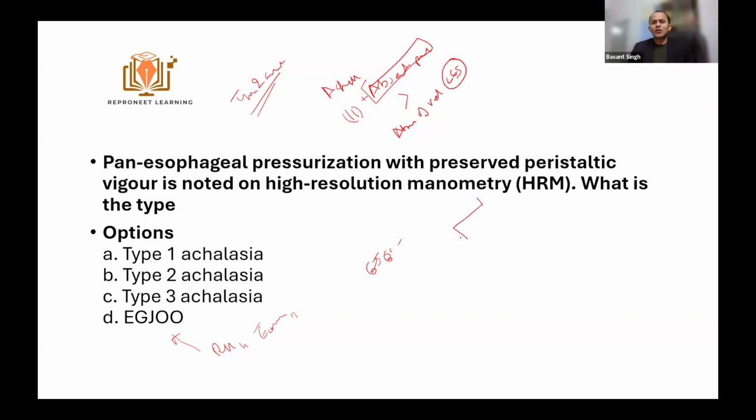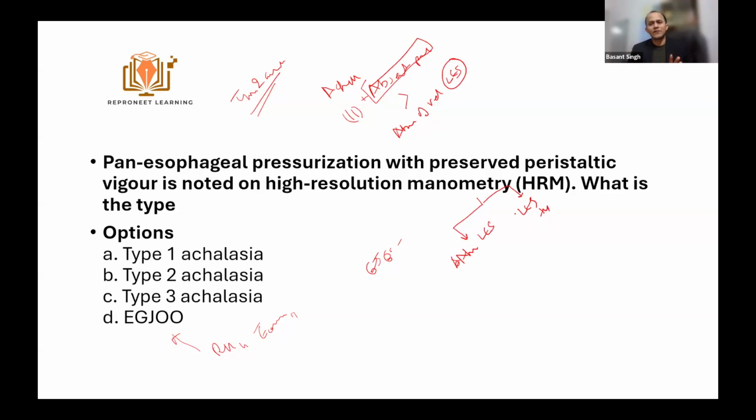The first branch point is the absence of relaxation of the lower esophageal sphincter, LES. You can divide motor disorders into two subtypes: disorders where there is absence of relaxation of LES, and disorders where LES relaxation is present. This is the first point of differentiation of the motor disorders of the esophagus.